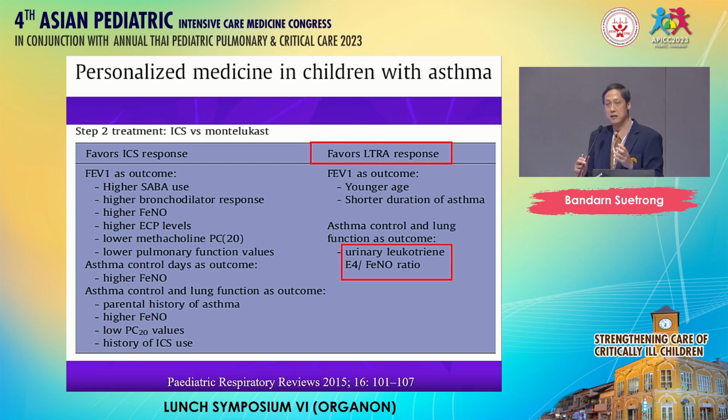So if we can measure urine leukotriene in every asthmatic patient, and pick up the ones who have high urine leukotriene in the clinic and give them montelukast, that is an easy story to do. But unfortunately, we do not send urine leukotriene to the lab for every patient at our clinic, right?